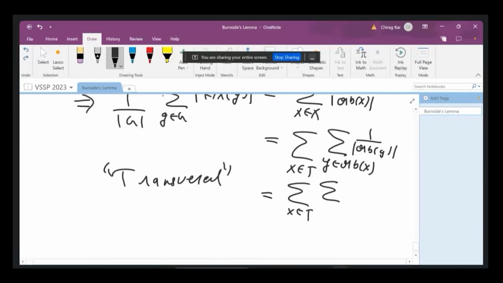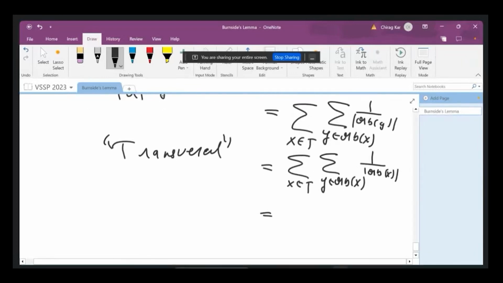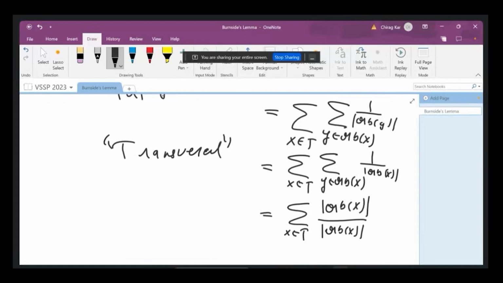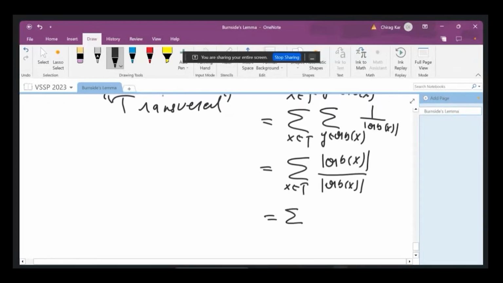So all of these is an orbit of X, which is the exact same as, which basically is the exact same as. Now we basically just have orbit of X representatives, and this is a constant, so we add it orbit of X times, and we just get the summation over X in the transversal of 1.